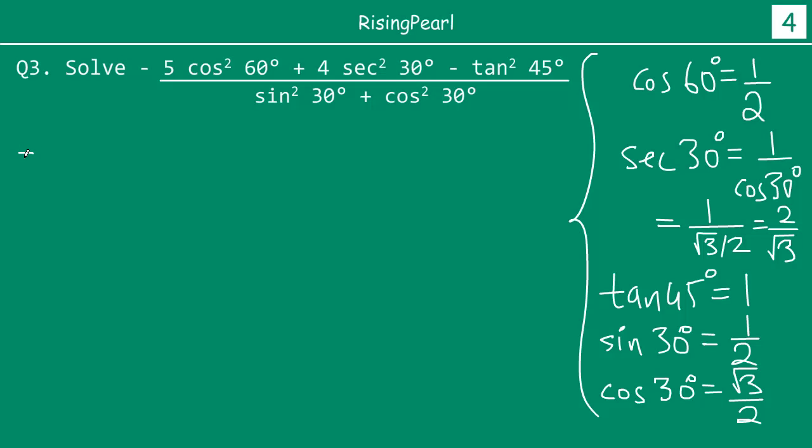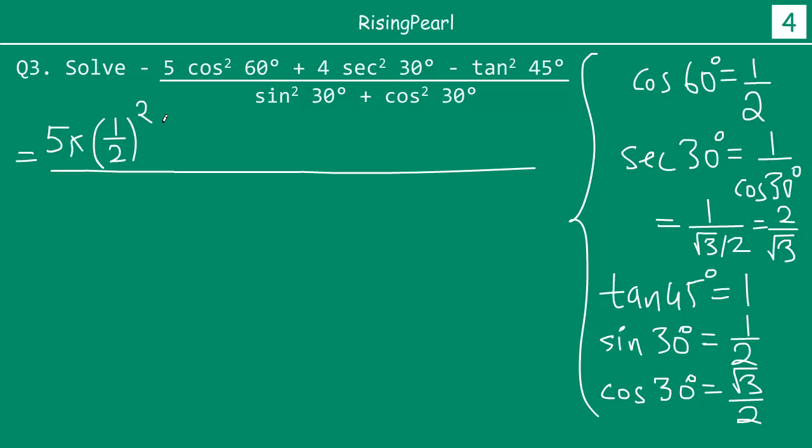So now that we have written all these values here on our rough side, let's just plug them in. So this expression will be equal to, let's give ourselves some space here. So let's write the numerator. So 5 times cos 60 square. So cos 60 is 1 by 2 square, plus 4 times sec 30 whole square.